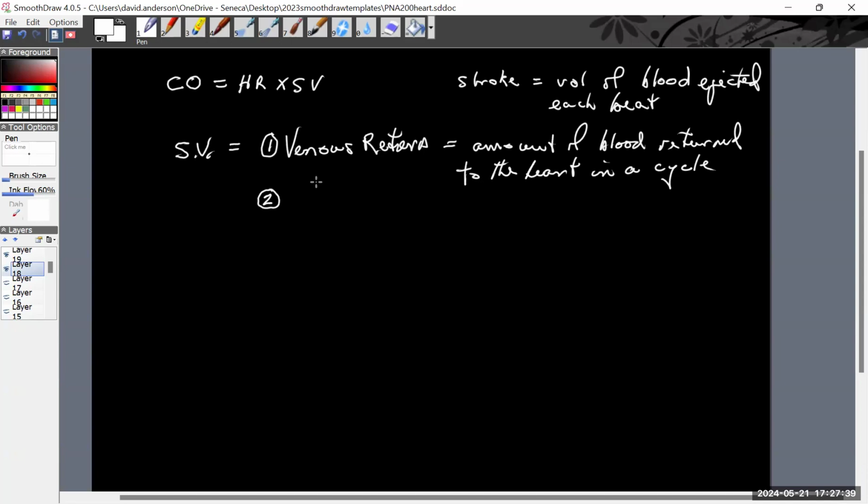The amount of blood that's returned to the heart and then fills the ventricle is going to be called preload. So preload is the stretch on the ventricular wall. When we talk about the stretch on the ventricular wall, we go back to that balloon.